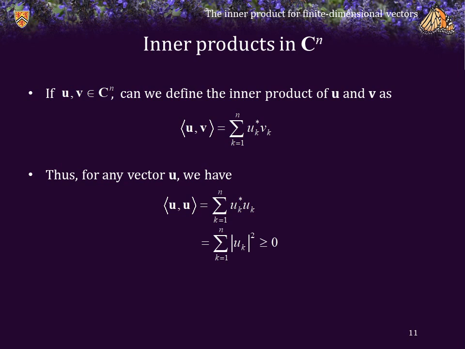But this is just the absolute value of u sub k squared. So this is a positive number. A sum of positive numbers is positive. And you will see once again that this can equal 0 if and only if u is the 0 vector.